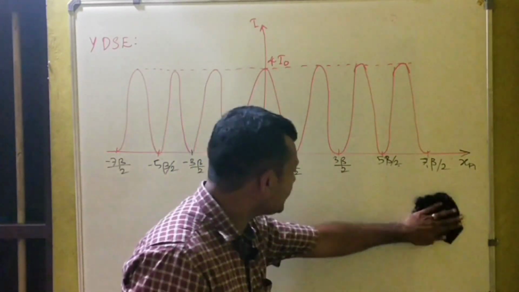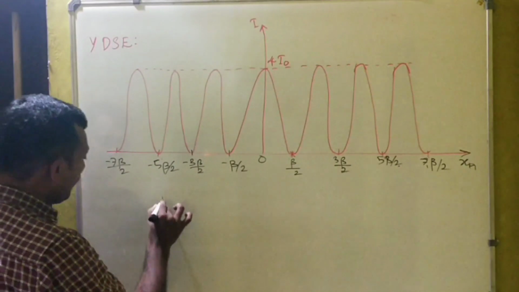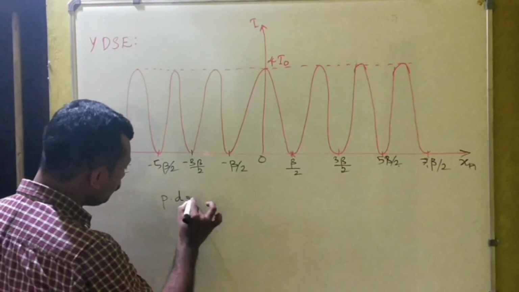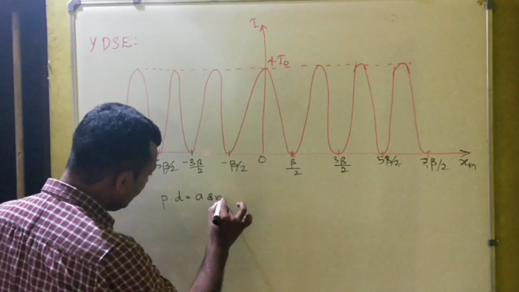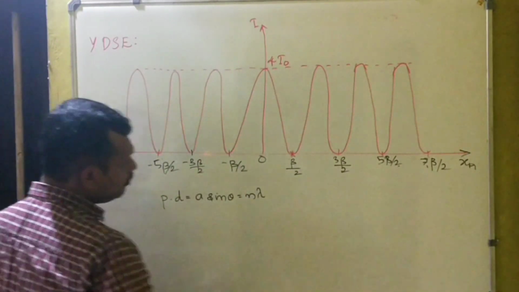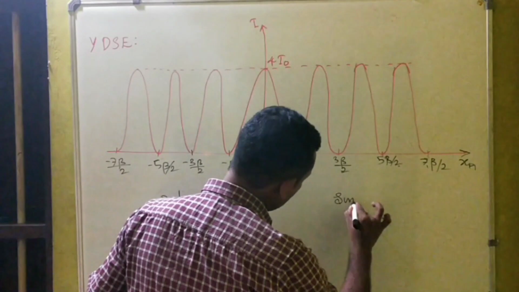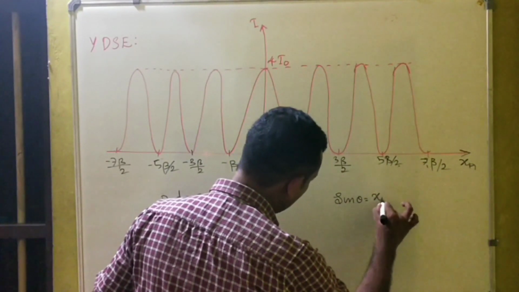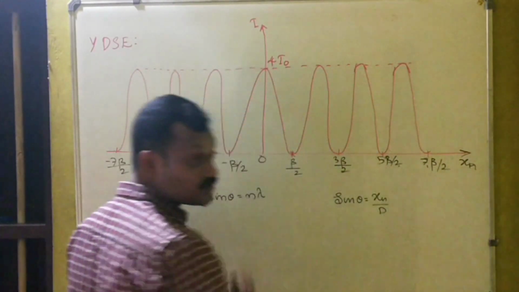So we have learned in the previous discussion that path difference is equal to d sine theta, that is equal to n lambda, where sine theta is equal to xn by D, we have proved in the previous video.